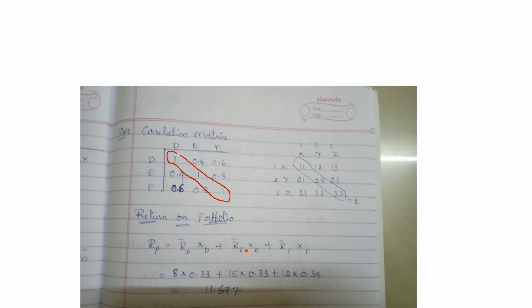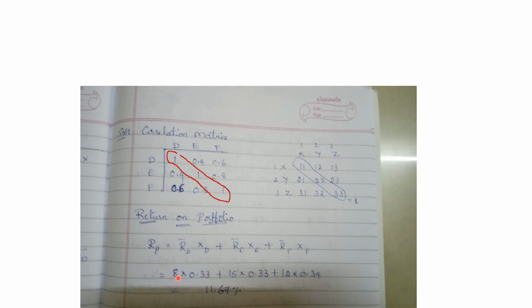That is nothing but summation. So how many securities you have, those securities should be added. Summation of R bar into weight of that security, likewise you have to take the number of securities should be added.